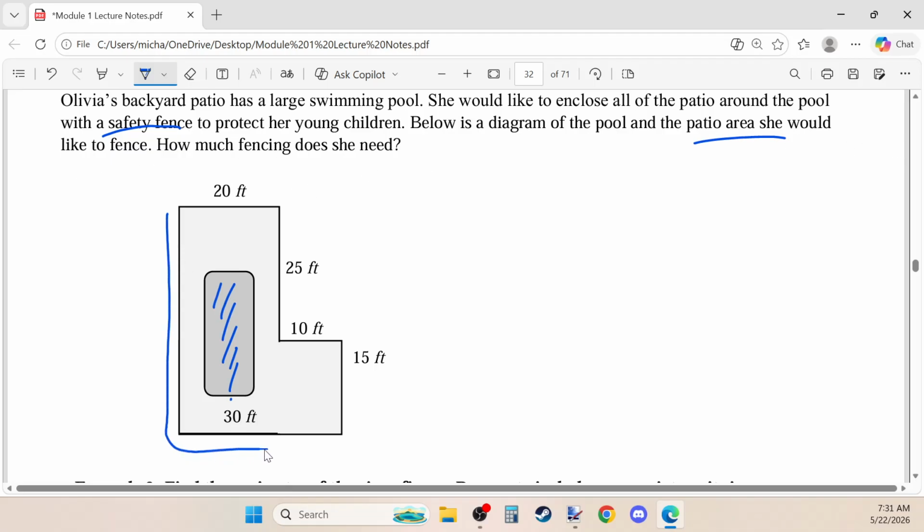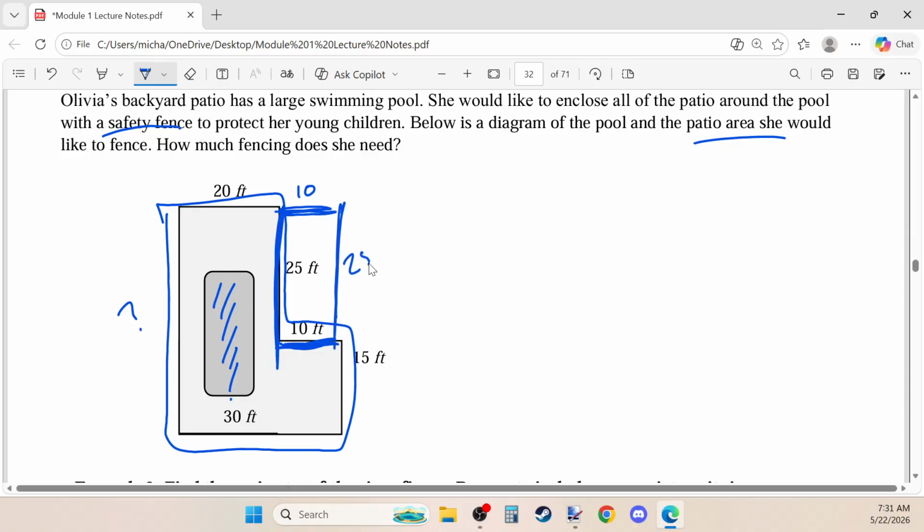She needs fencing that goes around like this, but we don't know how big that side is. But here's the thing. We can put the fence down here, but it's the same length if we put the fence up here. We can put the fence over here, but it's the same length as if we put the fence over here.